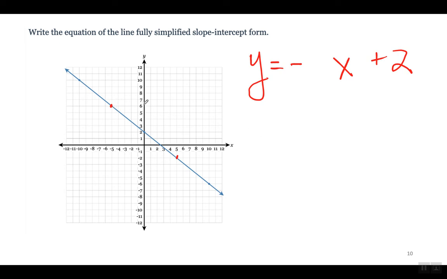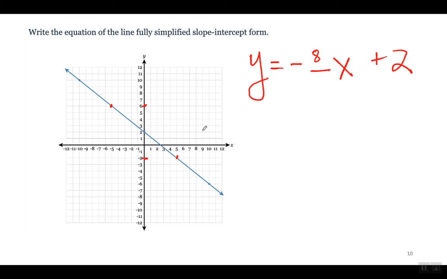Now the rise is the distance from positive 6 to negative 2. The rise is a total of 8 because from 6 to 0 is 6, and from 0 to negative 2 is 2 more.